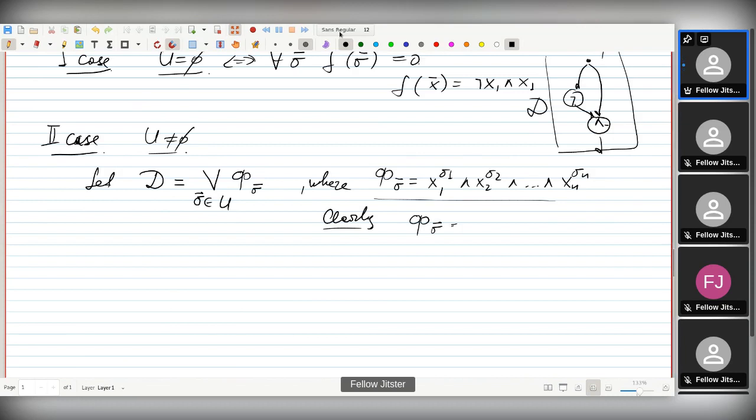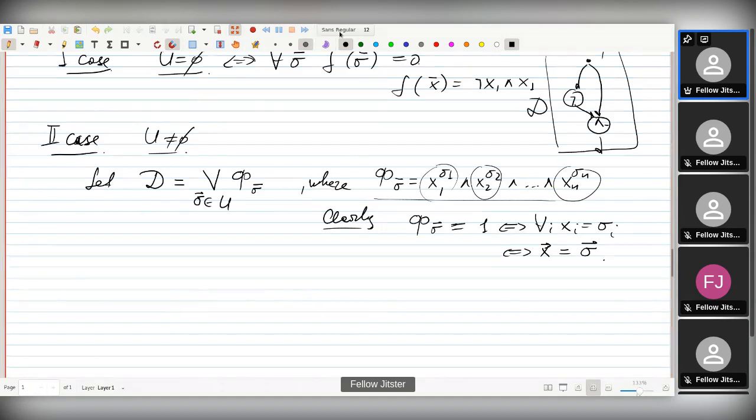When does this circuit, you can treat it as a circuit, when does it compute 1? If and only if this gives us 1, this gives us 1, this gives us 1, that is every x equals its respective sigma, that is the input tuple equals our fixed sigma.